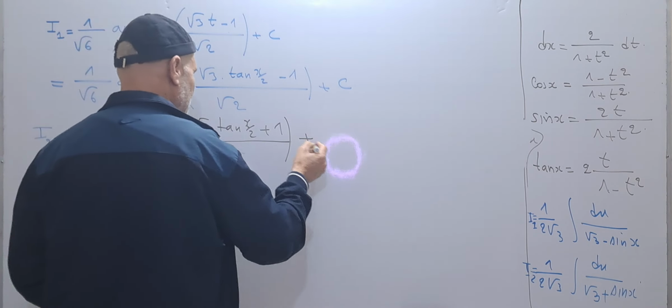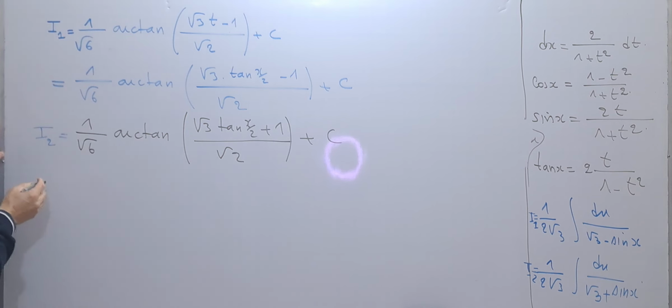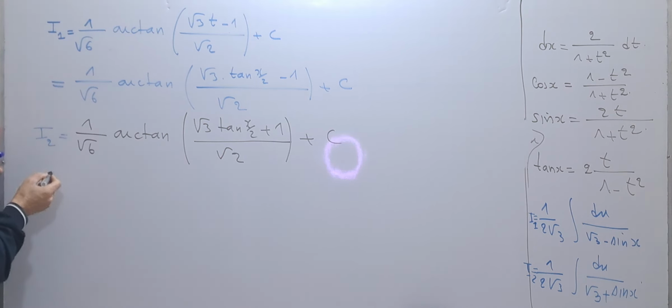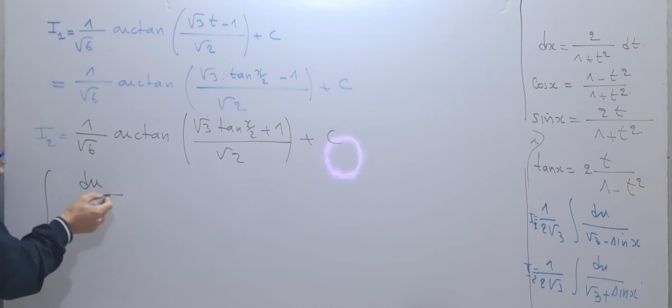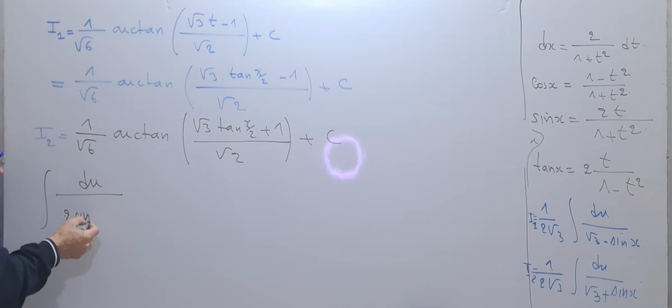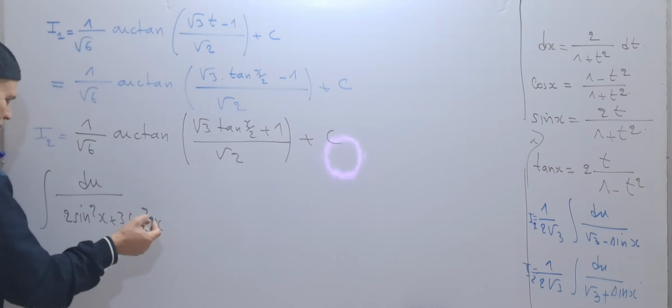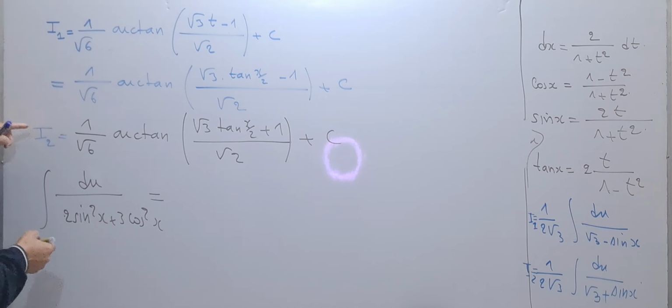plus another constant, and finally the integral dx over 2 sine square x plus 3 cosine square x is equal to E1 plus E2.